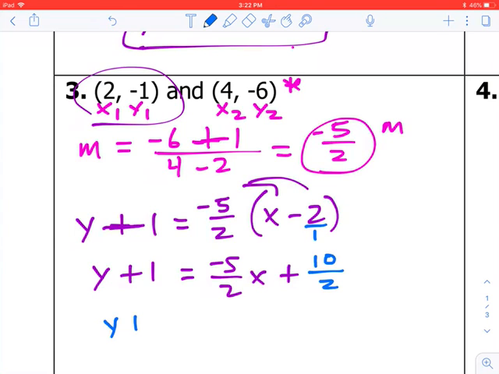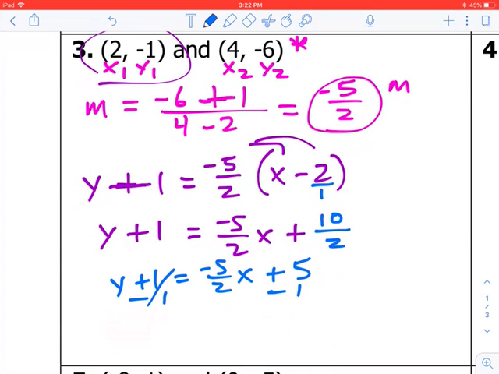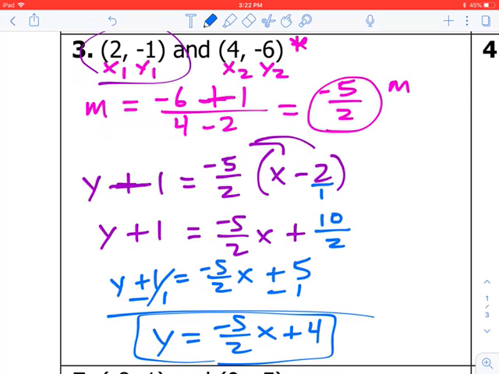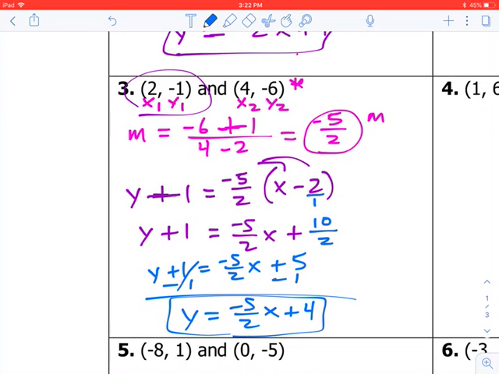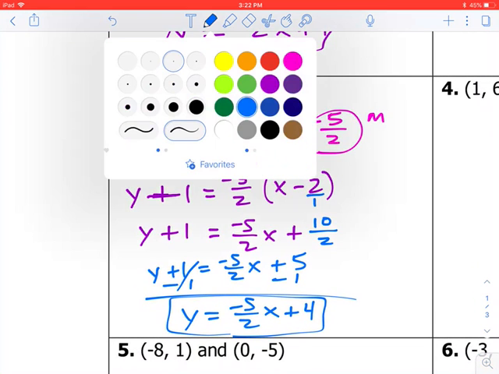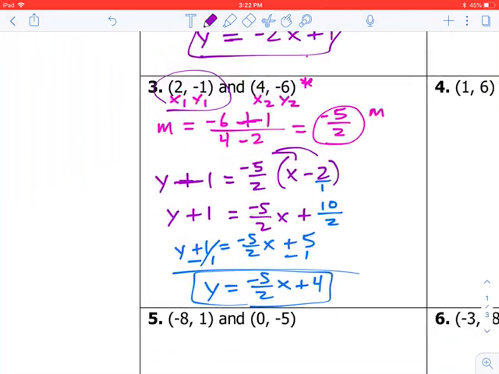And so y plus 1 equals negative 5 over 2x plus 5, and now we're ready to get y by itself. So y equals negative 5 over 2x plus 4. And there we are. So hopefully we're starting to get the idea here.